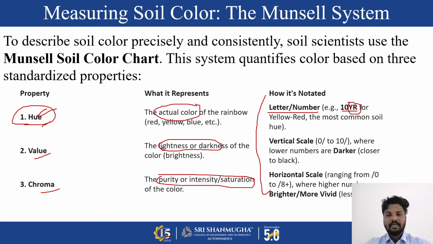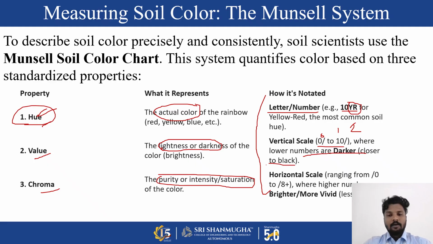Then the next one is the vertical scale, used to mention the values in the Munsell soil color chart. The numbers range from 0 to 10, with a slash added to the right side of the number. If the soil has a low value like 0, 1 or 2, that means the soil has a darker color, almost closer to black.